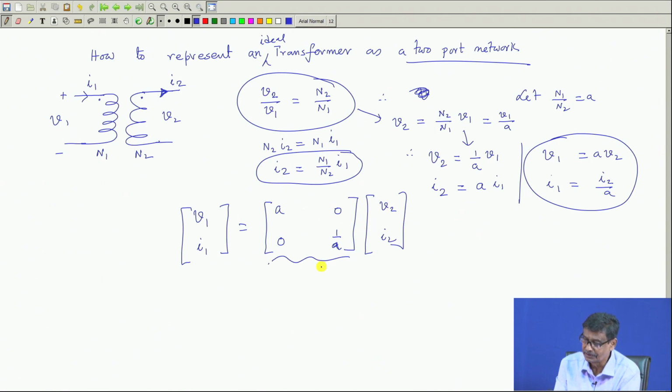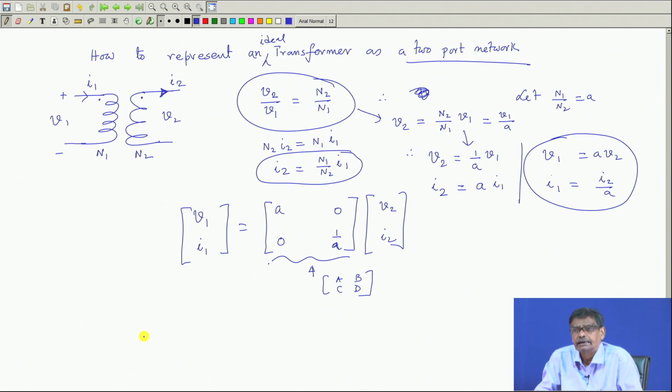So this can be termed the ABCD parameters of the network, which is nothing but the ABCD parameter of the transformer. A transformer can be considered a 2-port network whose ABCD matrix is this.